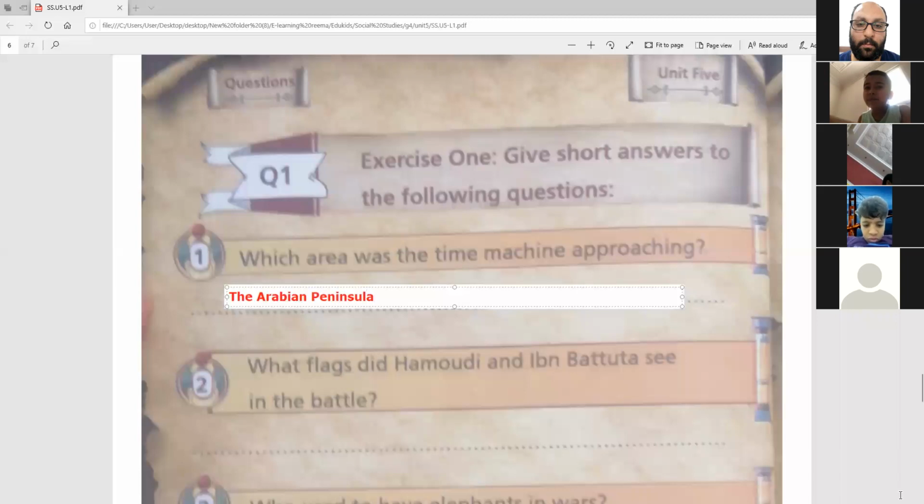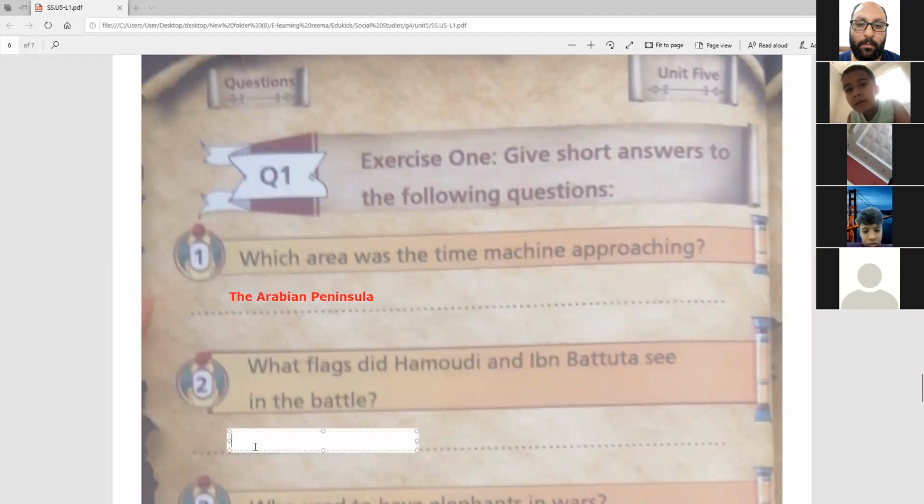Arabian Peninsula. That's right. Number 2. What flags did Hamoudi and Ibn Battuta see in the battle? Yalla, Badr. Yes. What flags did Hamoudi and Ibn Battuta see in the battle?